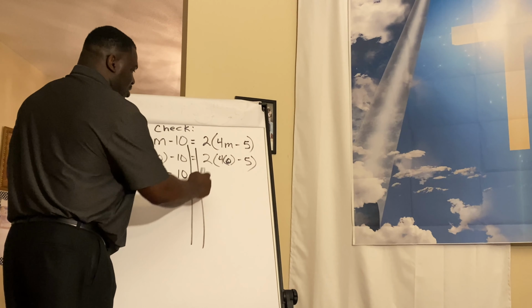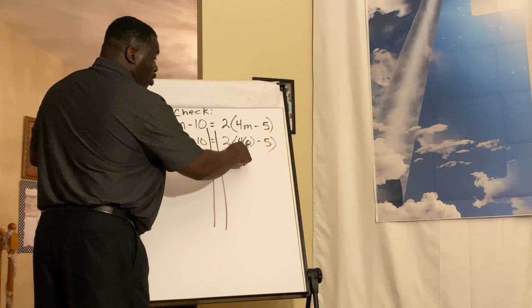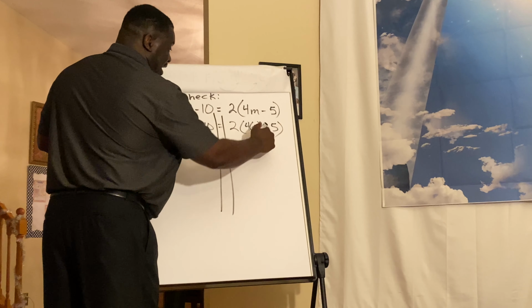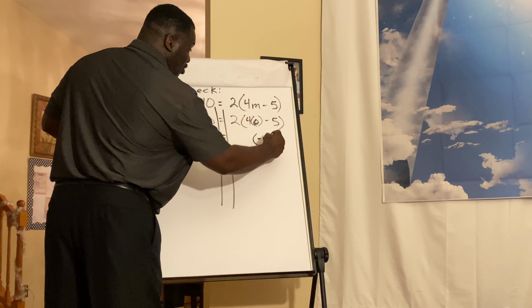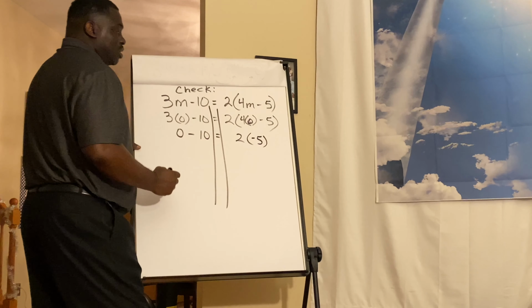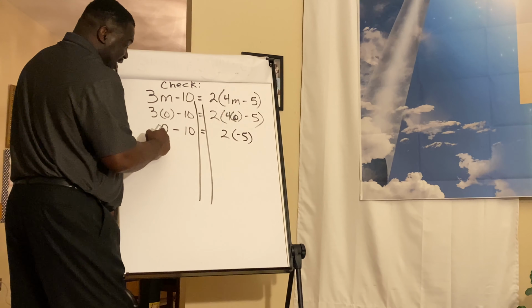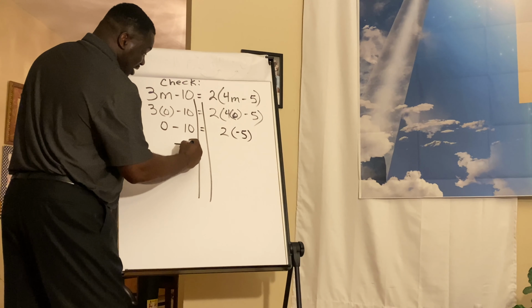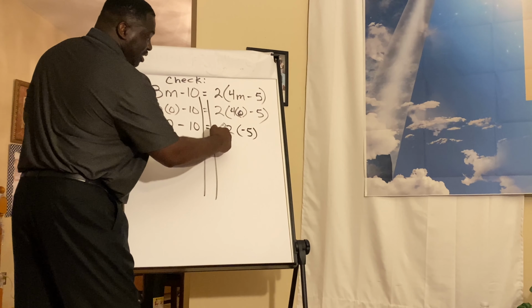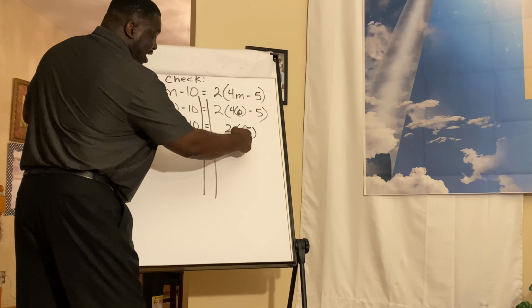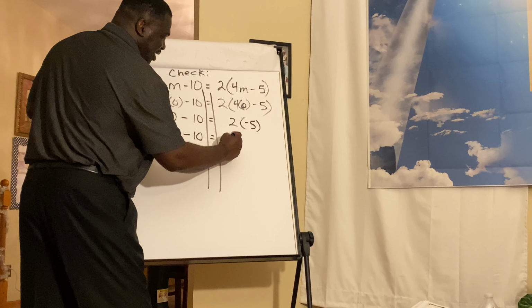And then over here, we have 4 times 0, which is 0, minus 5. So that's negative 5 inside. You always do the parentheses first, right? And then I just brought my 2 down. So now this side, 0 minus 10, is negative 10. And then this side is 2 times negative 5, which is negative 10.